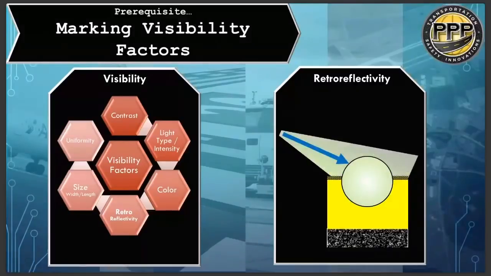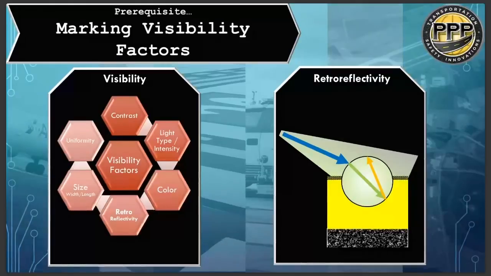What you're seeing here with this blue arrow is basically the incidence of light, maybe originating from a headlight, for example. When light enters the glass bead, it refracts, it bends, because it's a different medium. Once that glass bead refracts, it focuses on the back of the bead, and essentially it reflects whatever color it is embedded in.